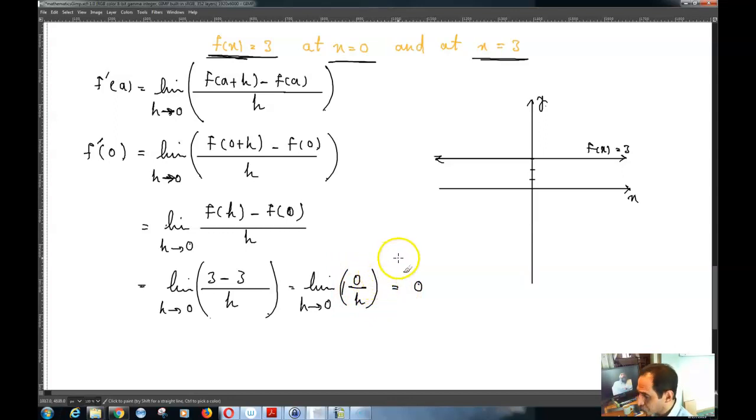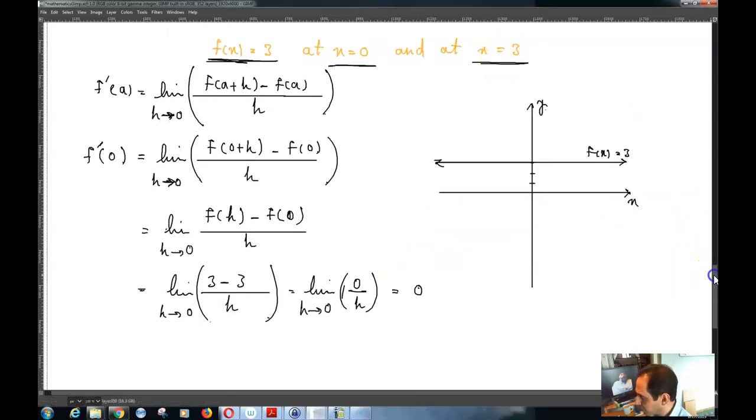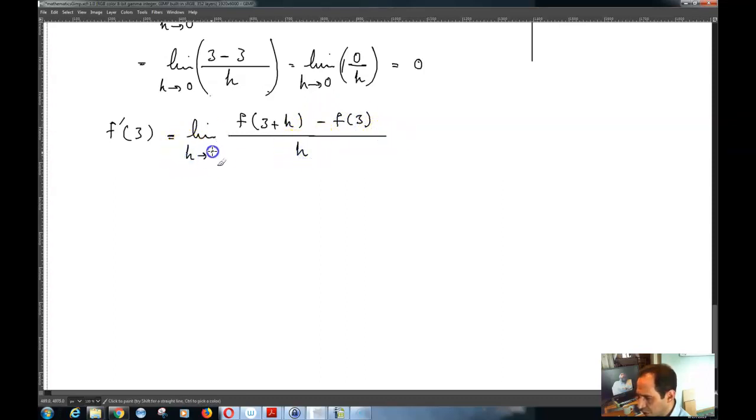And if you calculate, for example, f prime of 3, that would be again the limit of f of 3 plus h minus f of 3 over h as h tends to 0.